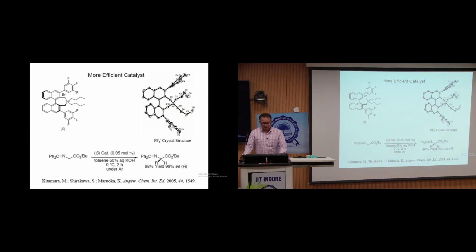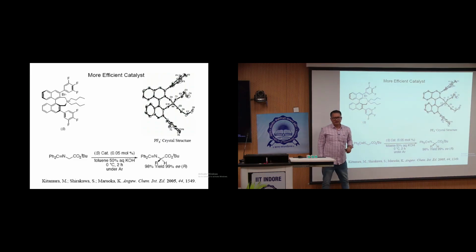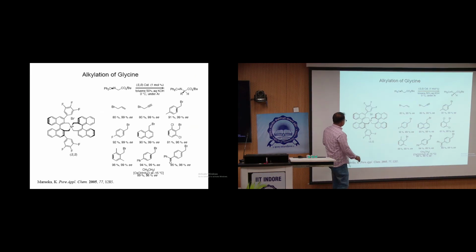Okay, fine. Morocco goes on high, and now he comes up in 2005 in a report in Angewandte where they say we make it unsymmetrical. Initially it was a symmetrical spirocatalyst. If you compare with this catalyst, we have similar backbones on one side, only there was a change in the fluorides.